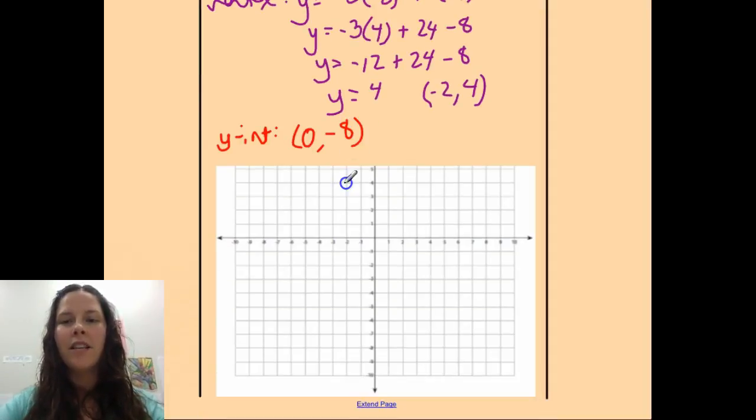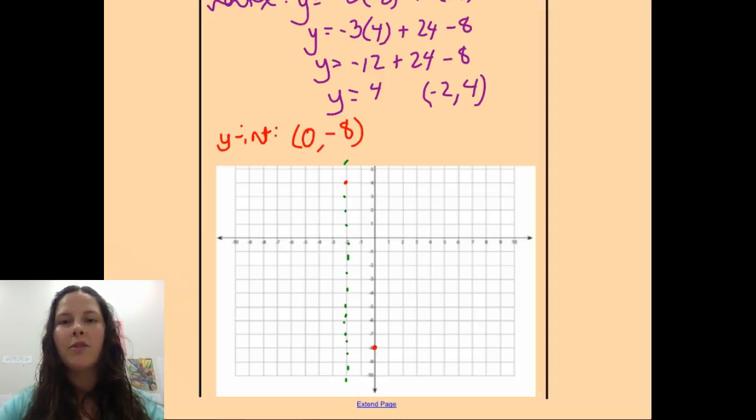Graphing our vertex of negative 2, positive 4. Our y-intercept was 0, negative 8. Then we sketch in our axis of symmetry so we can flip our y-intercept across it to get an extra point for our parabola.